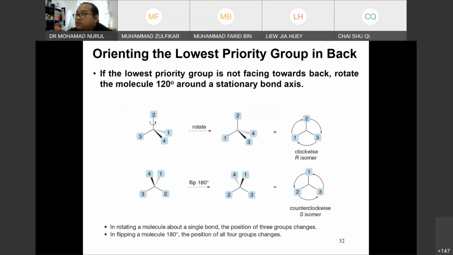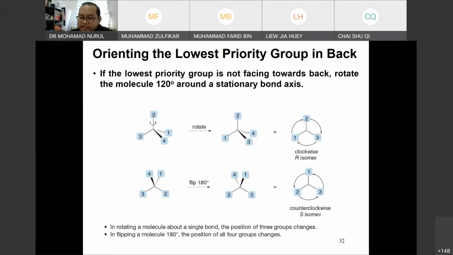Orienting the lowest priority group at the back: if the lowest priority group is not facing toward the back, rotate the molecule 120 degrees around the stationary bond axis. We have to rotate and flip 180 degrees, and after that we can get the correct answer.